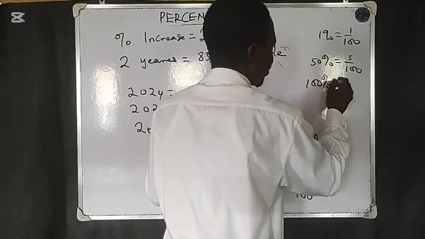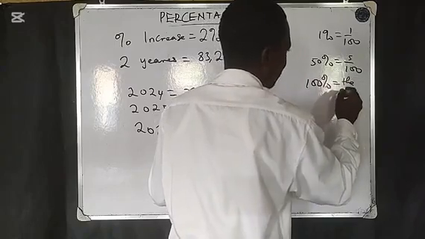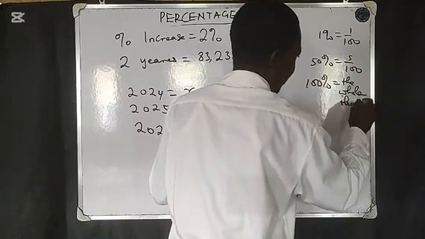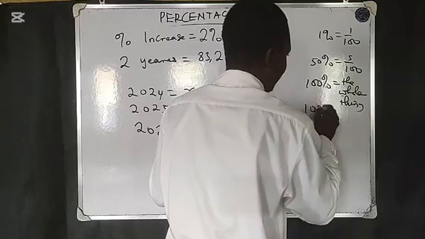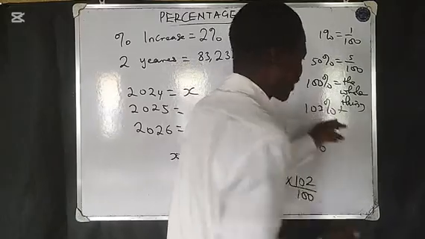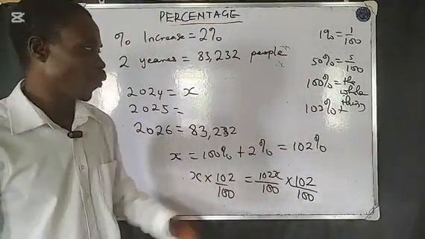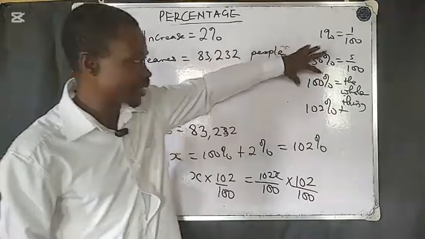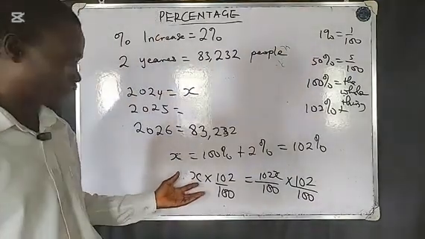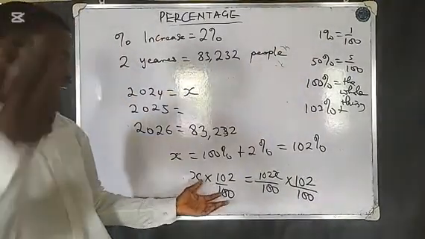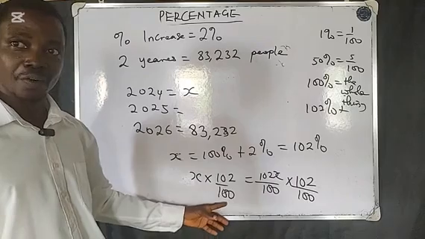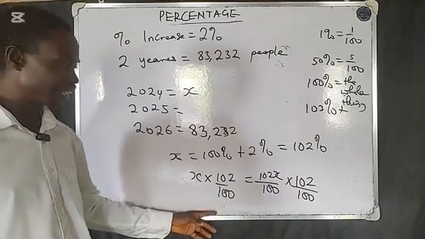100% means the whole thing we are talking about. 102% means 2% more than the thing we are talking about. 100% is the population. We increase it by 2%, multiply by 102 over 100.